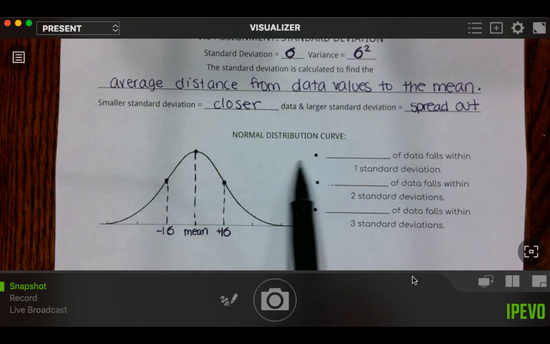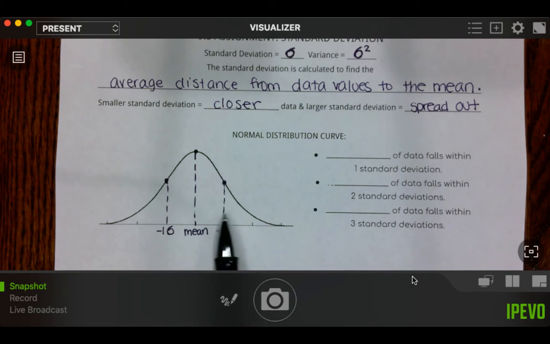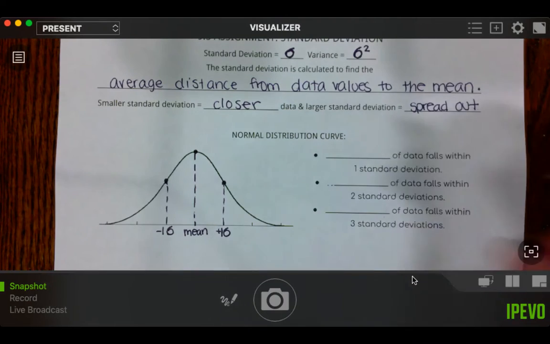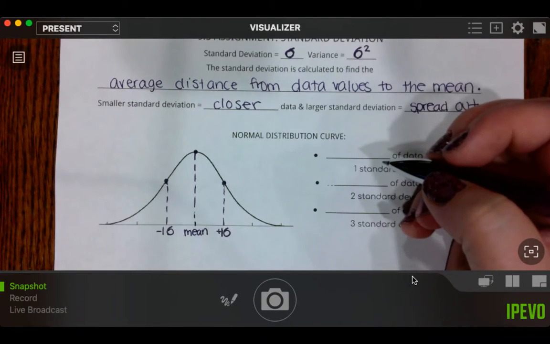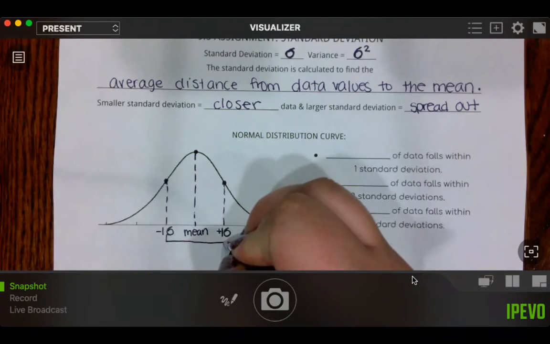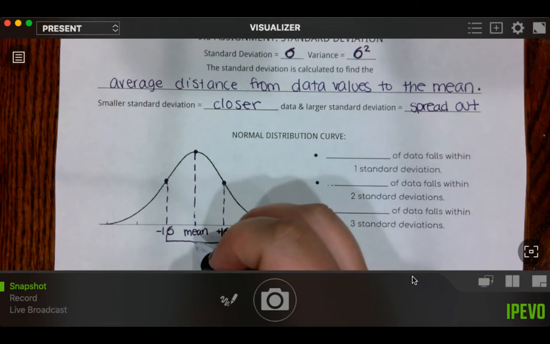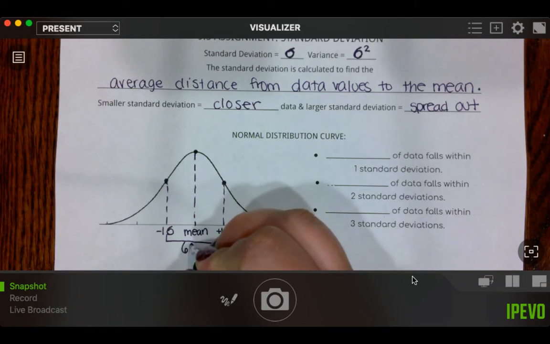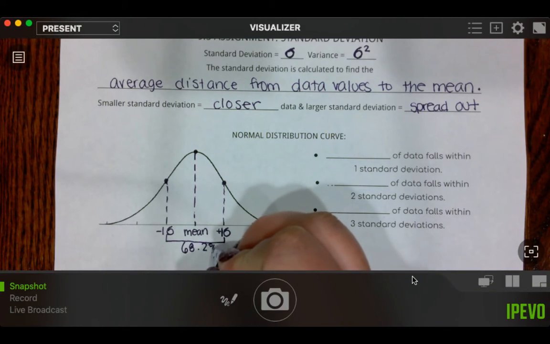Okay, so there's a certain amount of data in between each chunk. Just like when we did box and whisker plots, each one was 25. But this time, it's a little bit different. From here to here is going to be 68.2%.